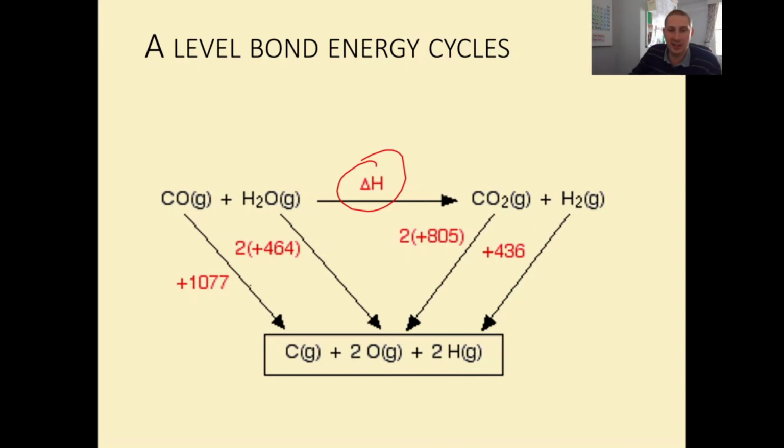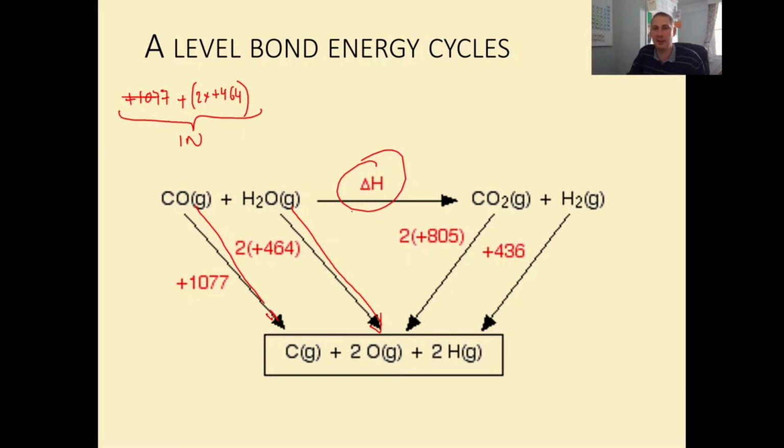To work out the enthalpy change there, well, we're going with this arrow, so plus 1077. We're going with this arrow, which is 2 H2O bonds, so plus 2 times plus 464. That's the energy that is being put in to atomize everything. But then we are going against this arrow. So it is minus plus 436.